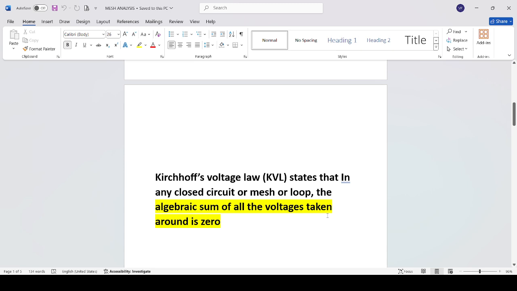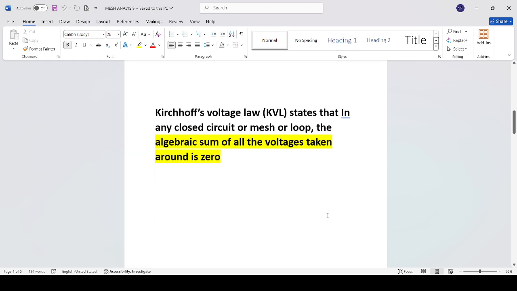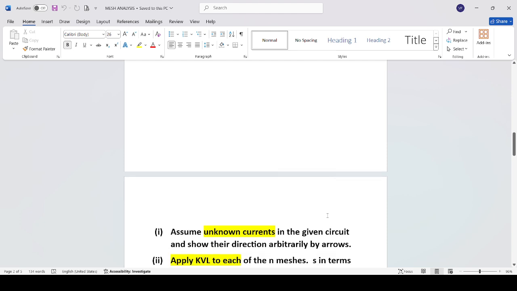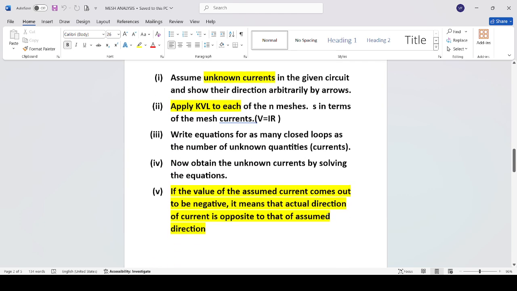So to solve this mesh analysis problem, we are using this Kirchhoff voltage law as we have already told. So there are procedures to solve this problem. So these are the 5 steps mentioned to solve the mesh analysis problem.